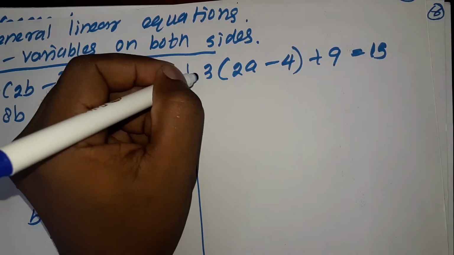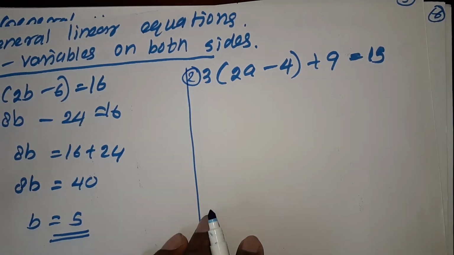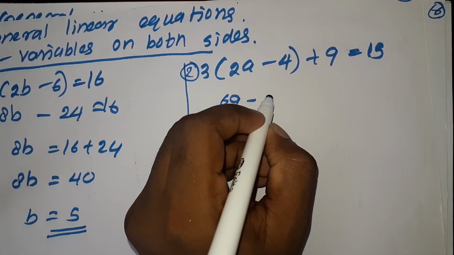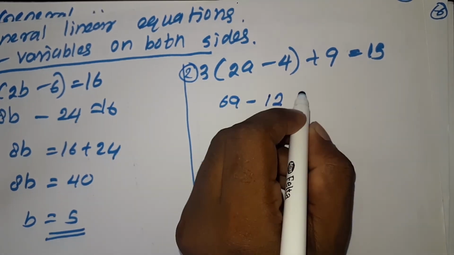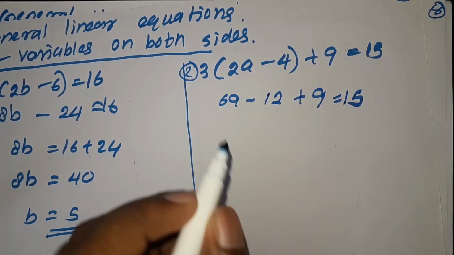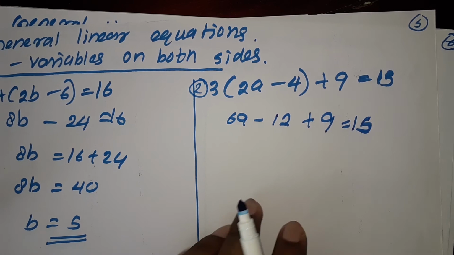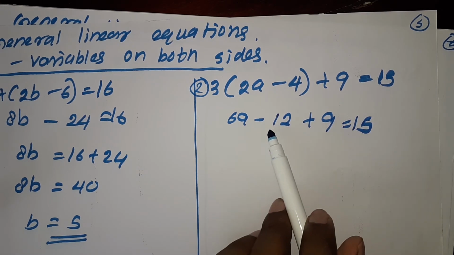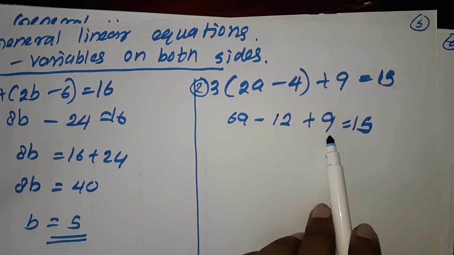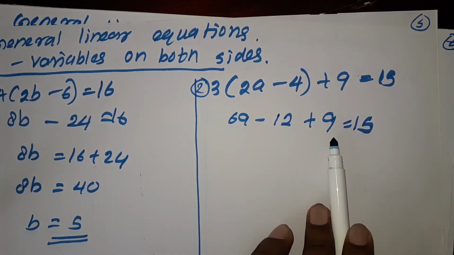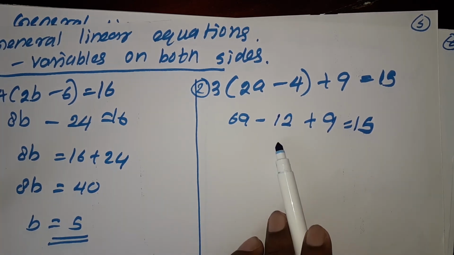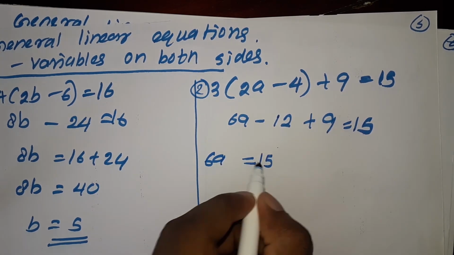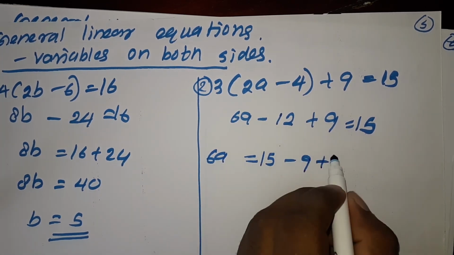In the second equation, I have 3 times 2a is 6a, minus 3 times 4 is minus 12, plus 9 equals 15. Now in order to remove minus 12 and plus 9, I add plus 12 and minus 9 to both sides of the equation, which would give me 6a equals 15 minus 9 plus 12.